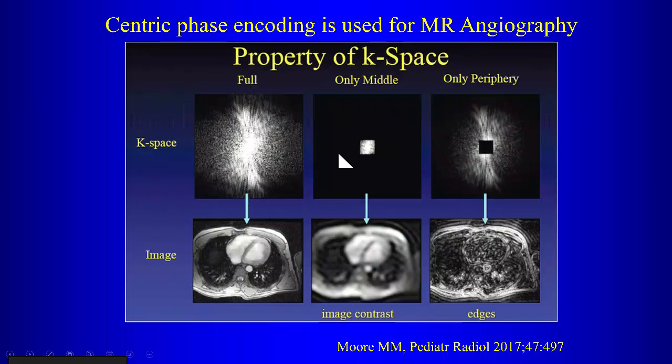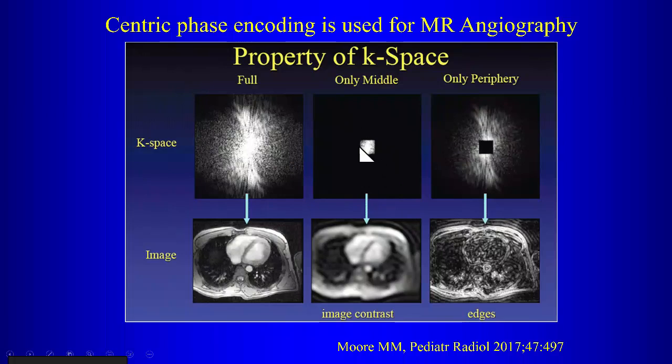We accentuate that through what is called centric phase encoding, meaning we acquire the center of K-space first when we're doing MR angiography. As the contrast is going through the vessels, we acquire the center of K-space when the concentration of contrast is highest within the vessels.